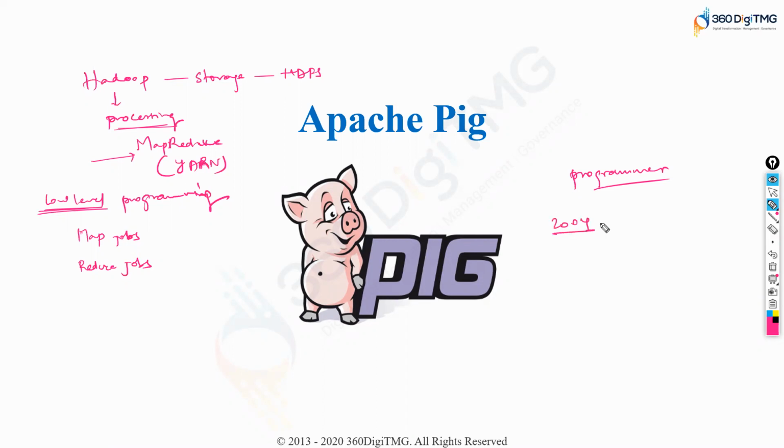Before 2004, 2005, before Hadoop happened, organizations struggled with big data. But Hadoop happened in 2004, 2005, and this basically helped organizations deal with big data, and they were very happy because there was a solution now.